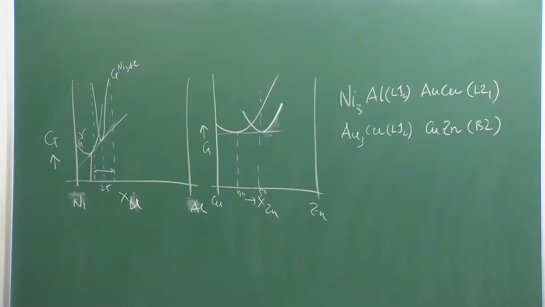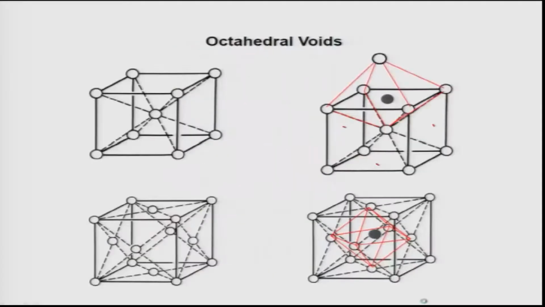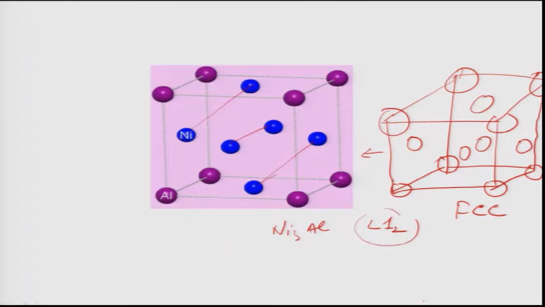Second important thing you should understand, these diagrams will also depend upon the order parameter. What is the order parameter? It is very clear from the diagrams I have shown you. Let me go back. Suppose in a large volume of material, in all the crystals, the atoms of Ni go to the face center positions and atoms of aluminum go to the corner positions, then we have complete ordering.